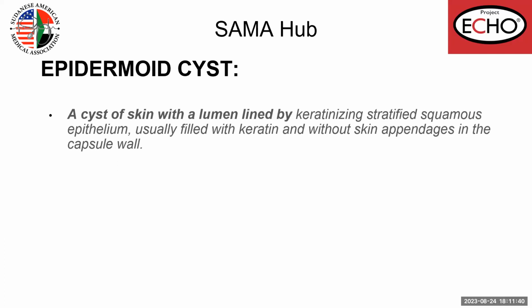A cyst of skin with a lumen lined by keratinized stratified squamous epithelium, usually filled with keratin and without skin appendages in the capsule wall. So the main difference in the histopathology that will make us differentiate dermoid cyst from epidermoid cyst is the skin appendages. Skin appendages take place in the dermoid cyst. In epidermoid cyst, they do not exist.